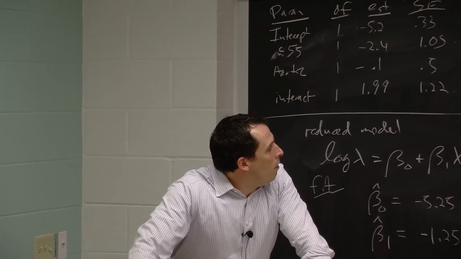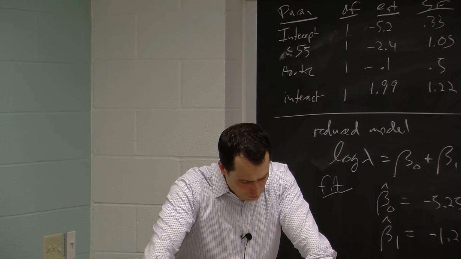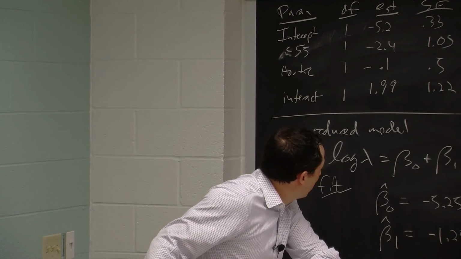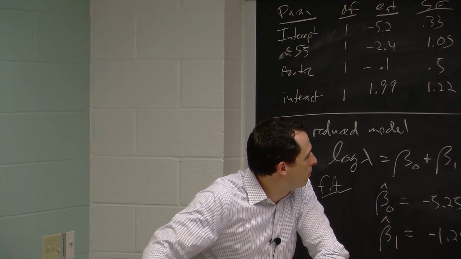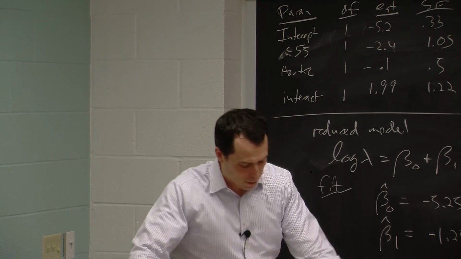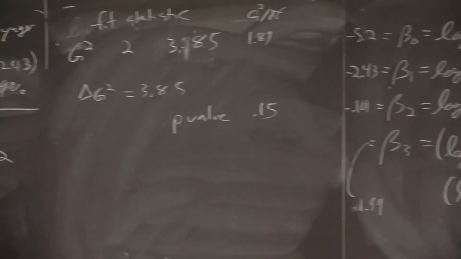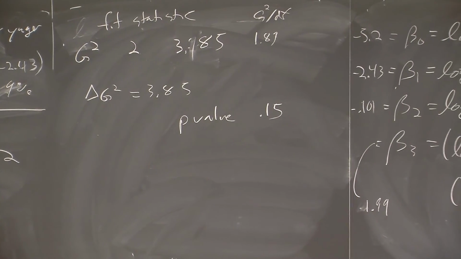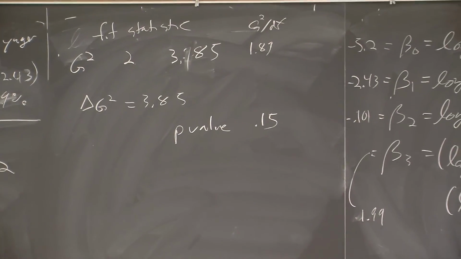Because we're getting a delta G squared of 3.85, which is bigger than 3.78, so it's obviously comparing to nothing. Yeah, I think you're right. Because the other model is saturated, so it should have everything.